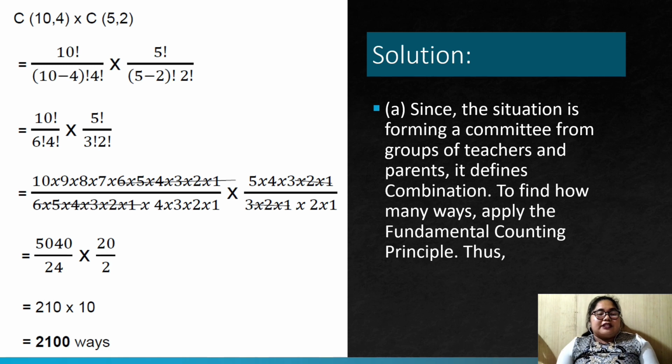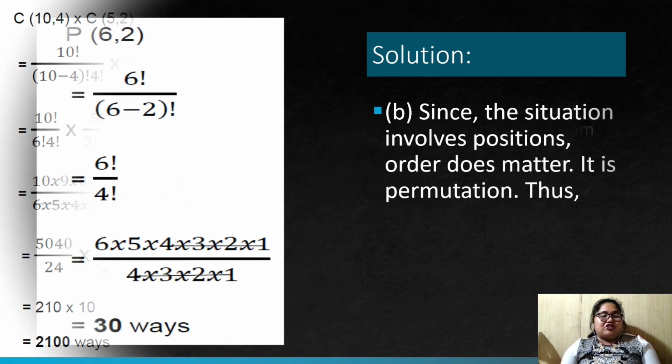In the second combination, we cancel 3 times 2 times 1, and the remaining numerator is 5 times 4 and the denominator is 2 times 1, so 20 divided by 2 is 10. So 5,040 divided by 24 is 210, times 10, there are 2,100 ways to form a committee of parents and teachers.